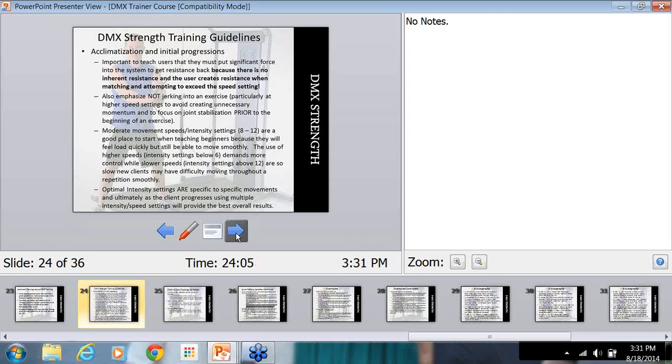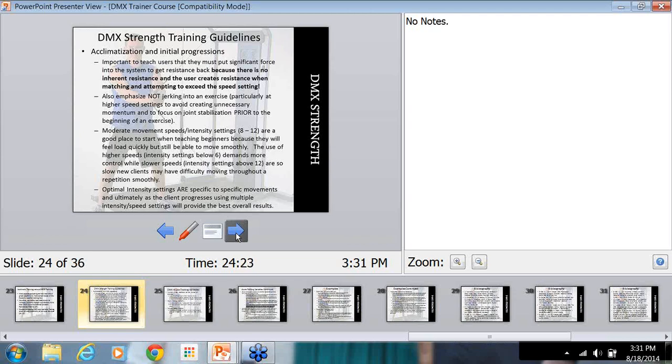Now slower speeds, where we set the intensity above 12, so the motor's set really slow, are so slow and don't allow any kind of speed in movement that people can have difficulty moving through a repetition smoothly. So again, start people in the middle. 8 to 12 is a great place to start when you're in doubt.